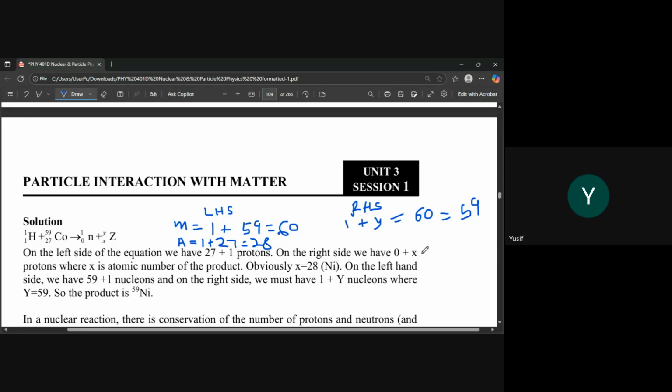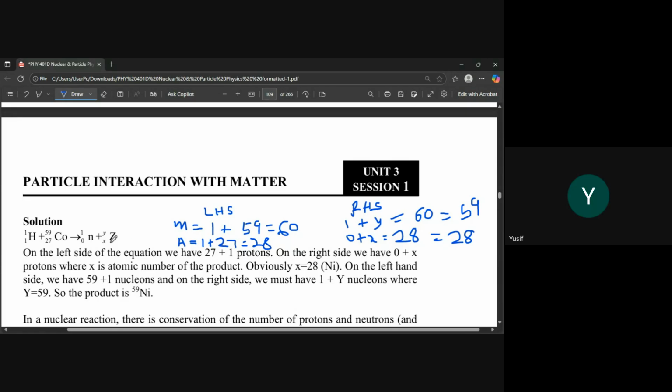Now let's look at the right-hand side. The neutron is 0, plus our X, which we don't know, and this must be equal to the atomic number at the left-hand side, which is 28. So our X will be equal to 28.